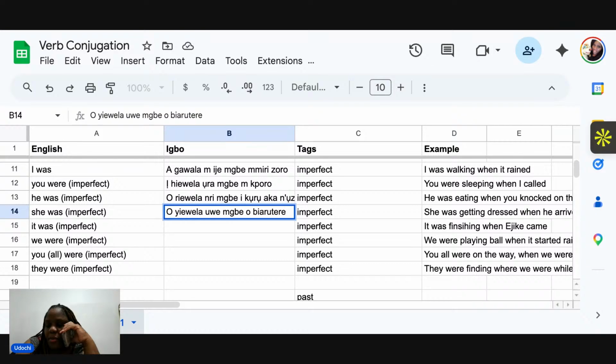Hello? Hello? Yeah, I'm trying to do some translation this morning. I'm translating imperfect tense. So the sentence is, you were sleeping when I called. How would you say that? Is it ihiwela or mwemporo?